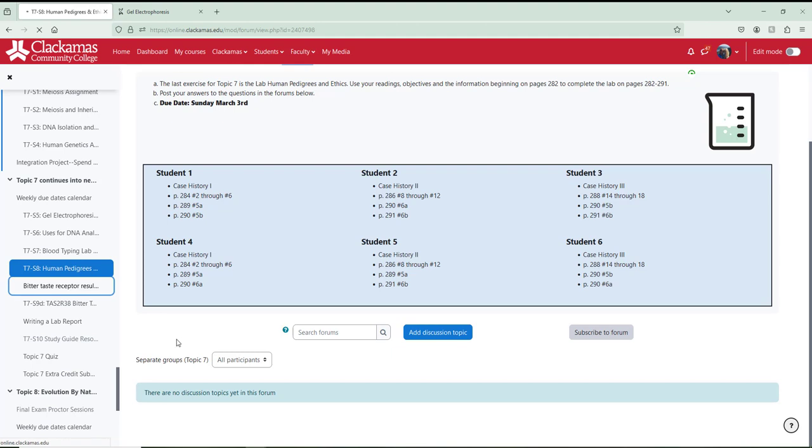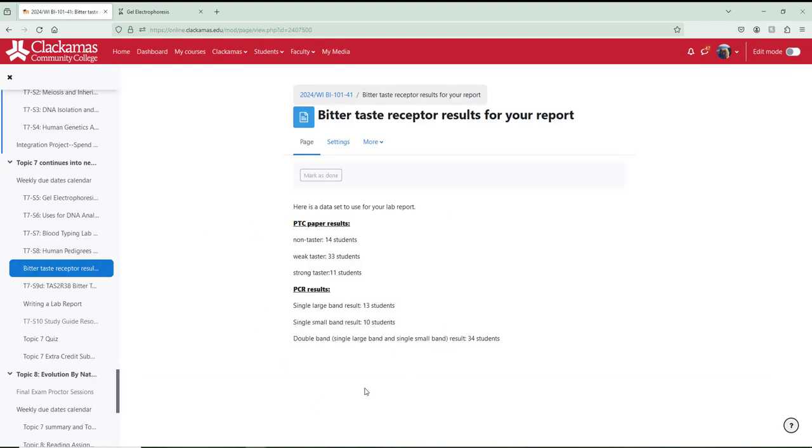Those results are here. Obviously we don't have all of these available for our particular class because we didn't run the PCR for our particular DNA, but these are the results that you're going to be including.